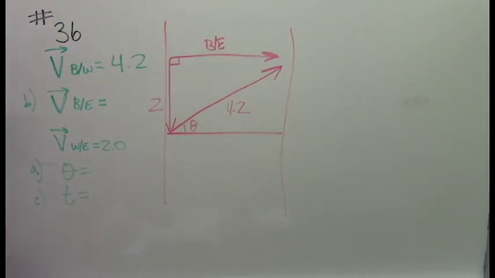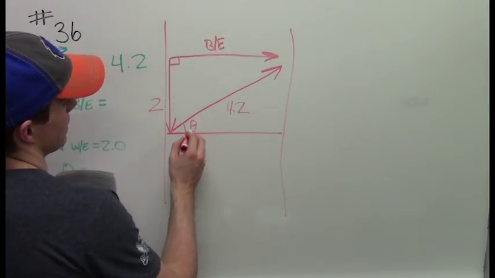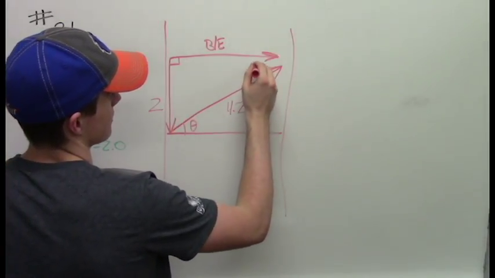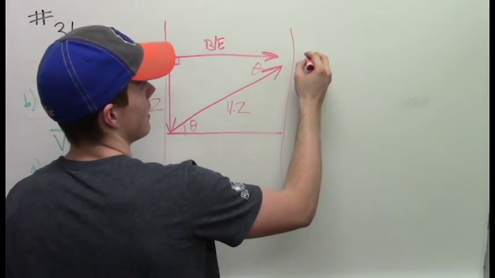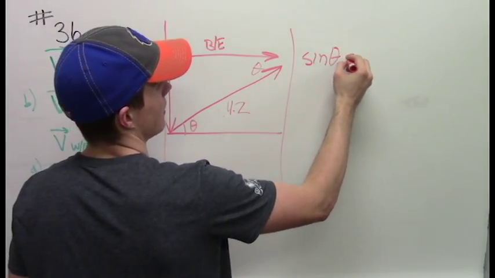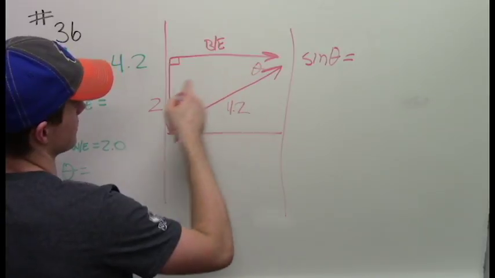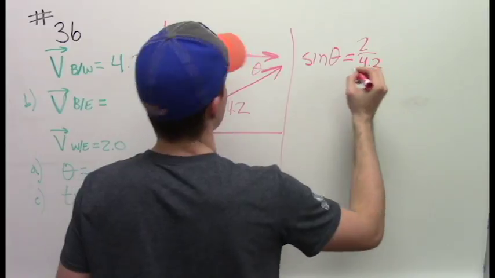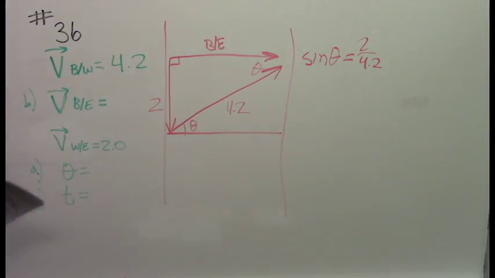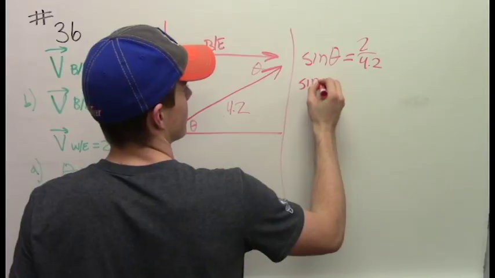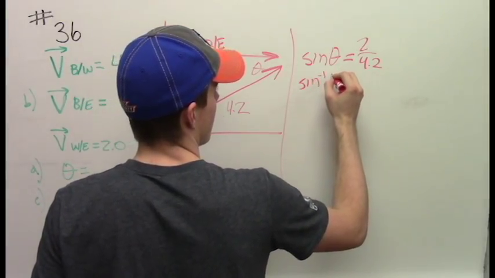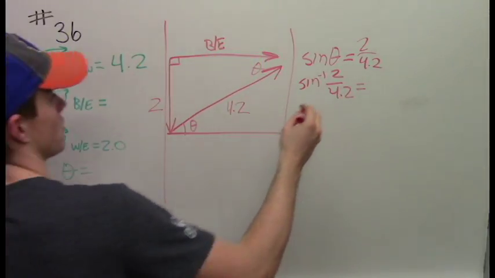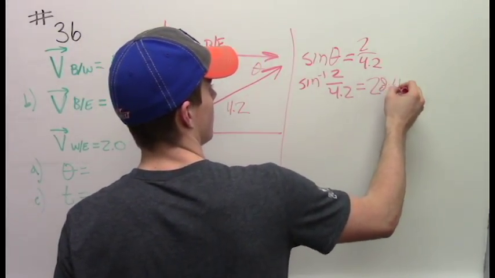So for part A, we want to know theta. The way we're going to figure that out is, we know that since these are parallel, this is also theta. So we're going to take sine of theta is equal to opposite over hypotenuse, so we'll take the opposite, 2, over the hypotenuse, 4.2, and now we can solve for theta by taking the inverse sine of 2 over 4.2, which is equal to theta, 28.4 degrees.